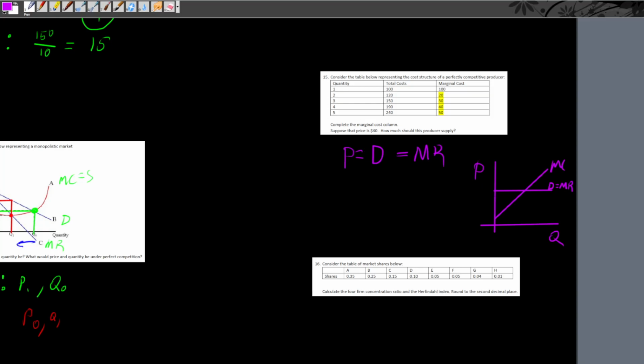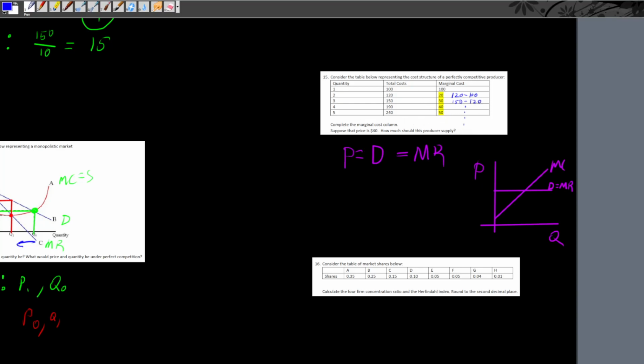All right, so let's start by figuring out the marginal costs. Just like always, we subtract subsequent cells. So here we do 120 minus 100 to get 20. And then here 150 minus 120 to get 30, and so on.